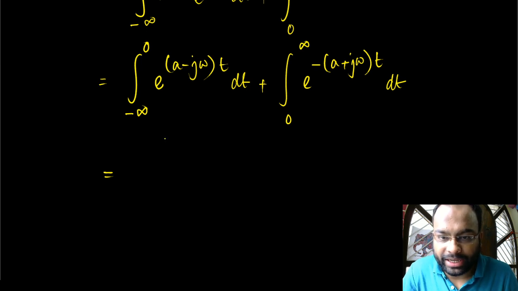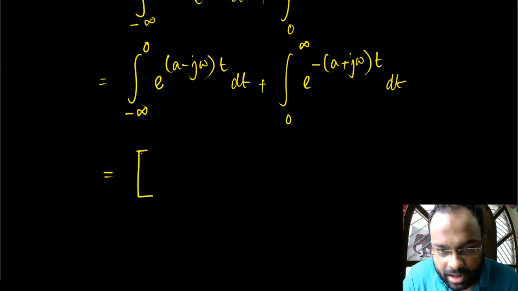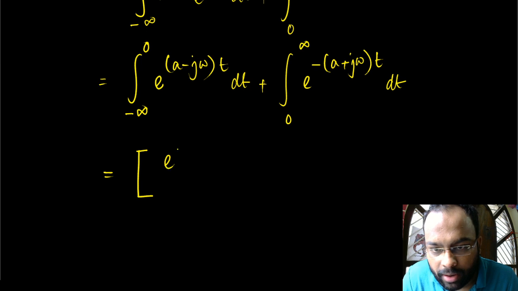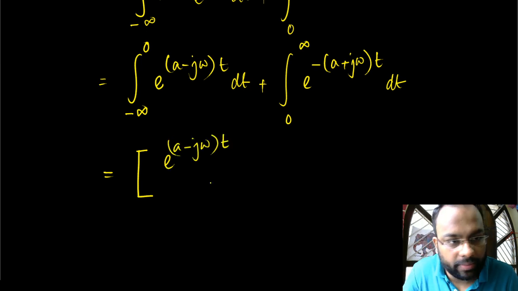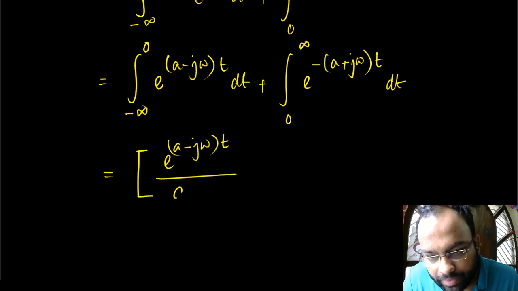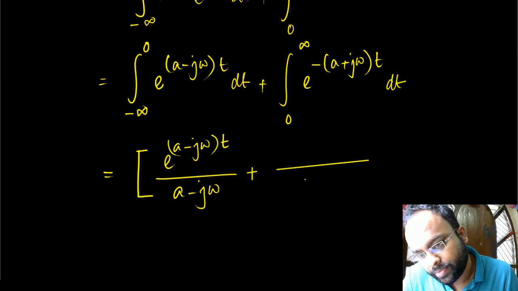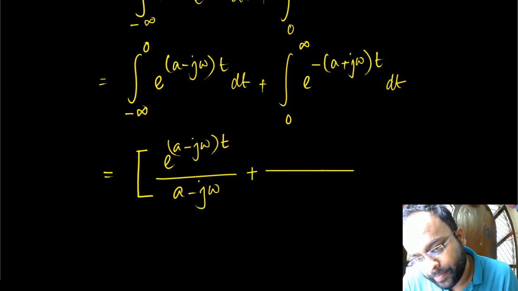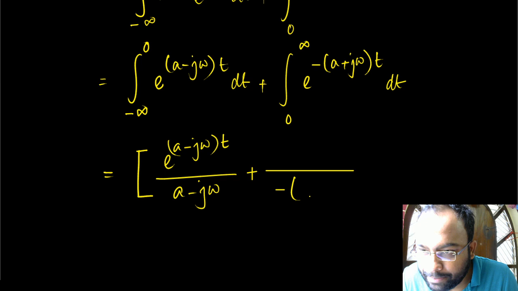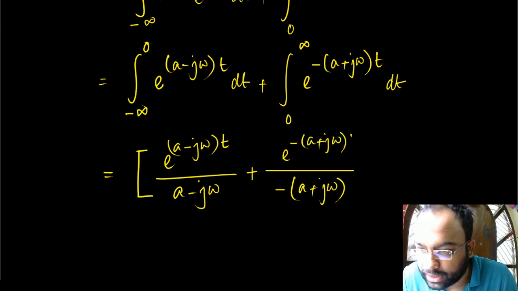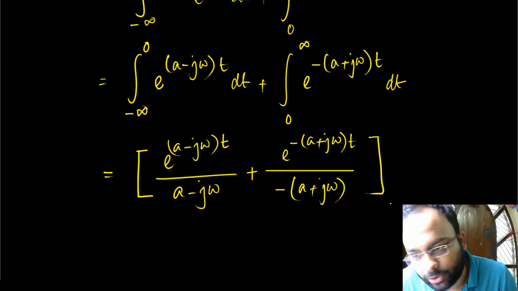So let's integrate that. If I integrate that, so e to the power (a minus j omega) t by (a minus j omega). Yeah, it makes me happy when you can figure out the errors I make, because that tells me that you are actually able to follow things, right?